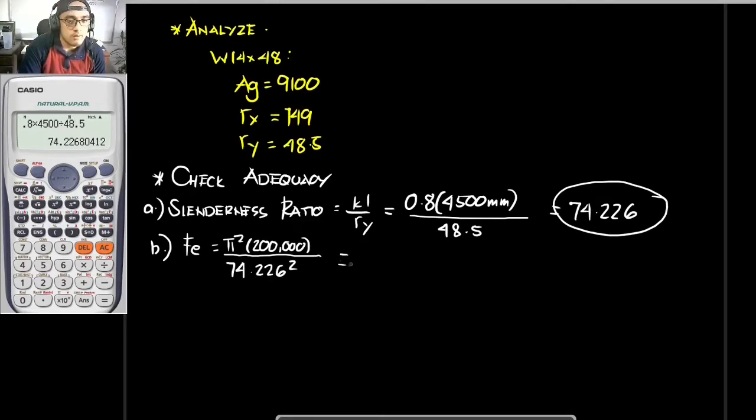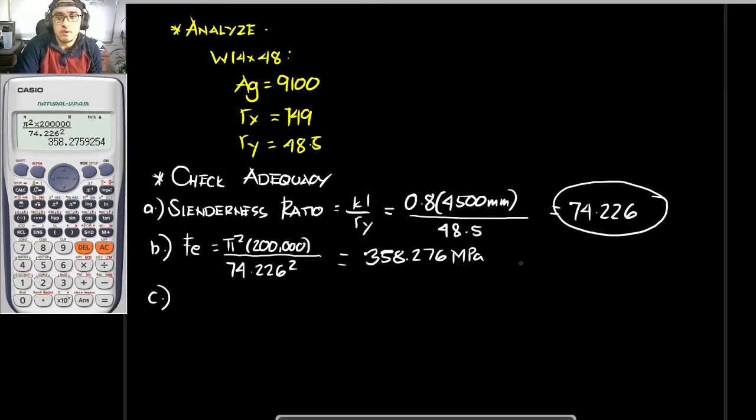So that is pi squared times 200,000 divided by 74.226 squared, which is 358.276 megapascals.